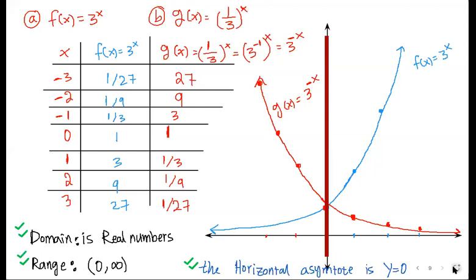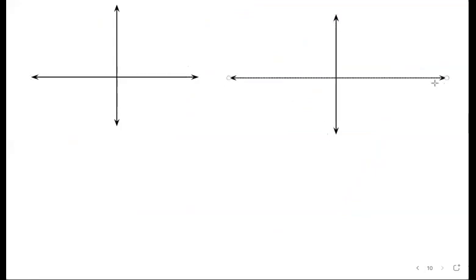Okay, so now after we see the graph for 3 to the x and 3 to the minus x, I can give you an example and explain more. The graph for any exponential function is going to be something like this.